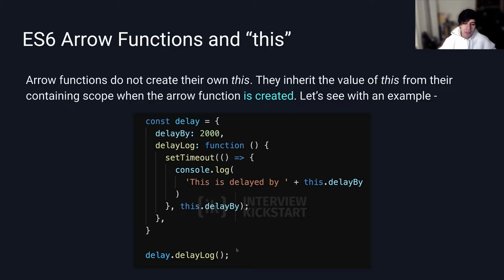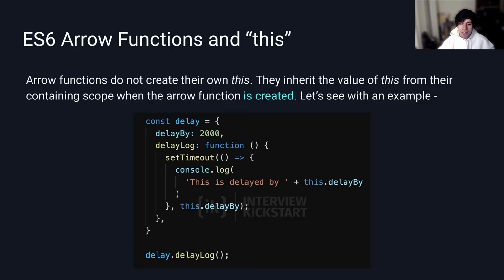And if we were to evaluate what the value of this was, let's start by looking at the function invocation of delayLog. We see that delayLog was called using object notation, delay.delayLog. So that means that inside of the delayLog function, this is going to be equal to the delay object.